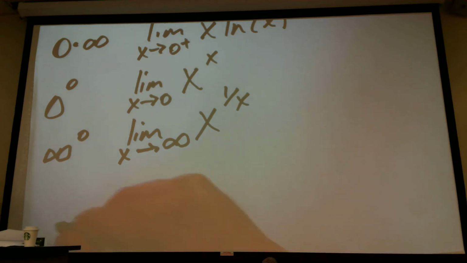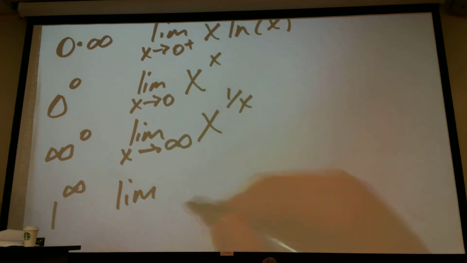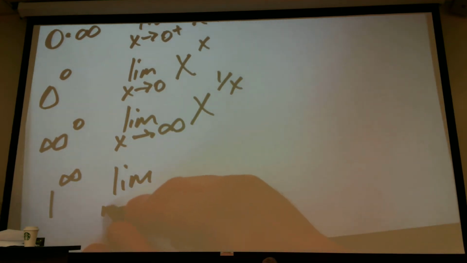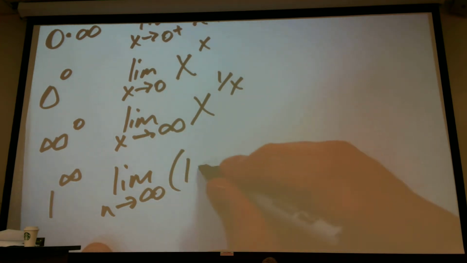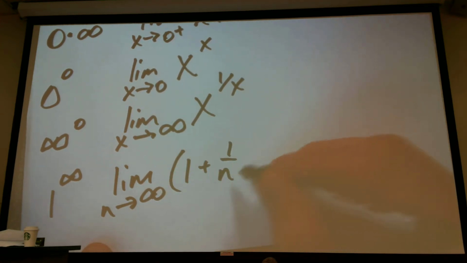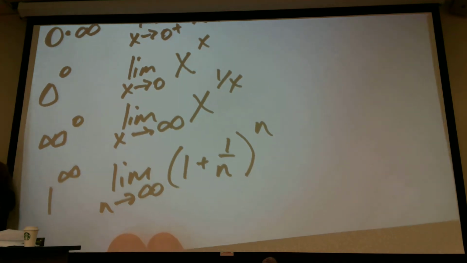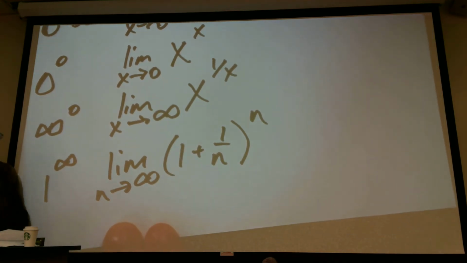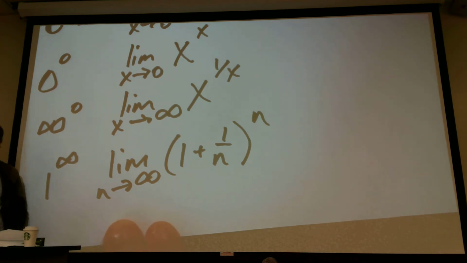And there are even ones that you wouldn't think would be indeterminate forms, but they actually are. Something like 1 to the infinity. I'm going to use a different letter on this one for a specific reason. So the limit as n tends towards infinity of 1 plus 1 divided by n, raised to the nth power. As you send n towards infinity, the interior of this problem, 1 over n, is going to go to 0.